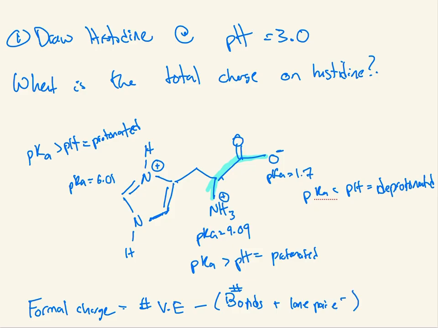So if we have 2 lone pair electrons and 3 bonds, which is what a neutral amine looks like, R, N, R prime, we have 3 bonds here, so 5 minus 3 plus number of lone pair electrons, 2, that equals a formal charge of 0.